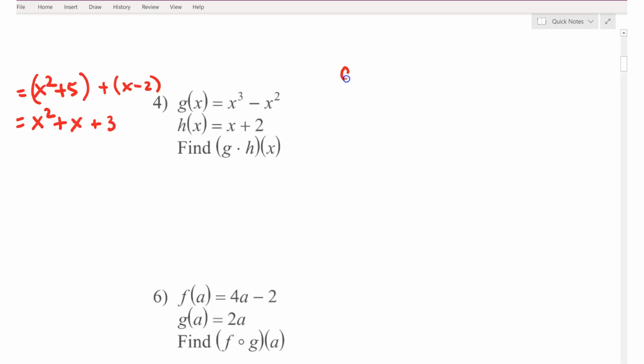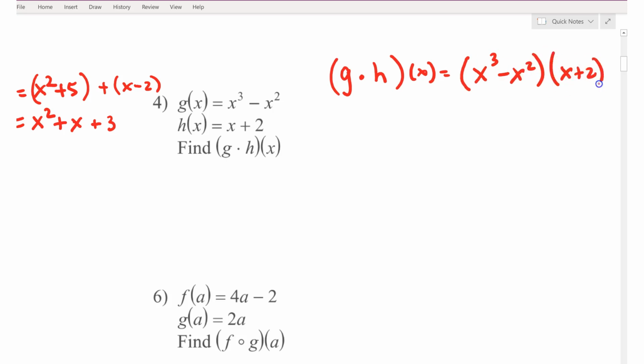We are going to multiply g times h of x. Once again, I'm going to use parentheses since I am multiplying. X cubed minus x squared times x plus 2. So you're going to use the FOIL method. X cubed times x gives you x to the 4th power. X cubed times 2 gives you 2x cubed.